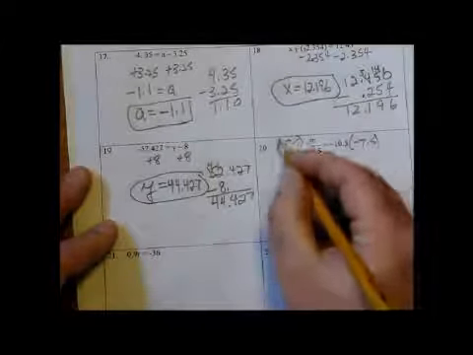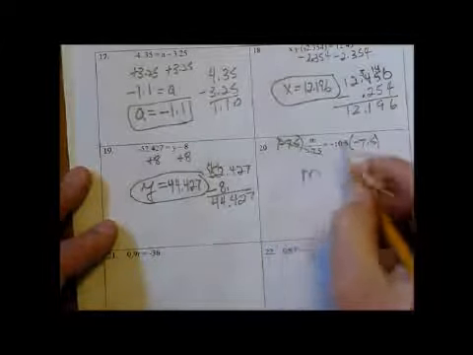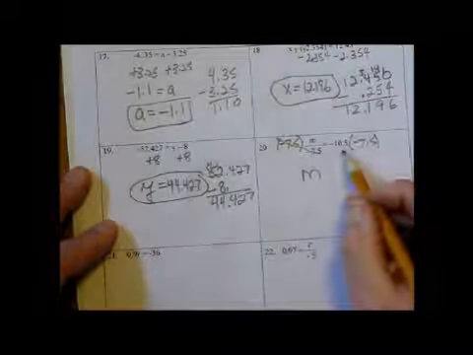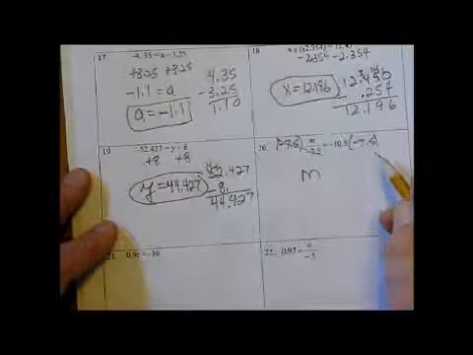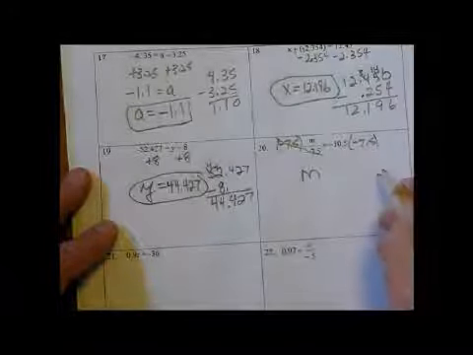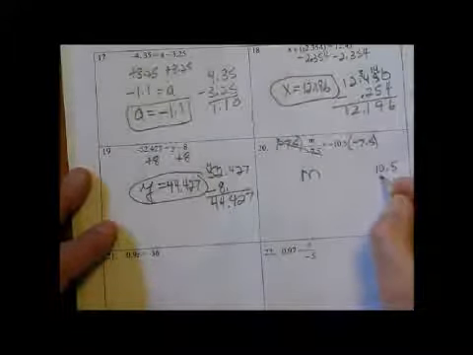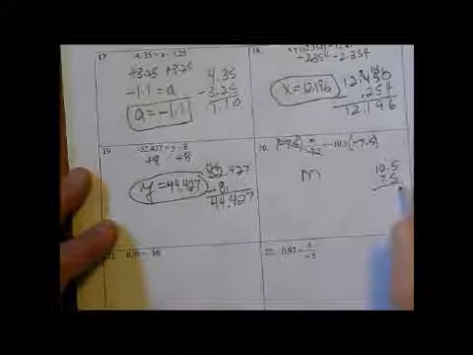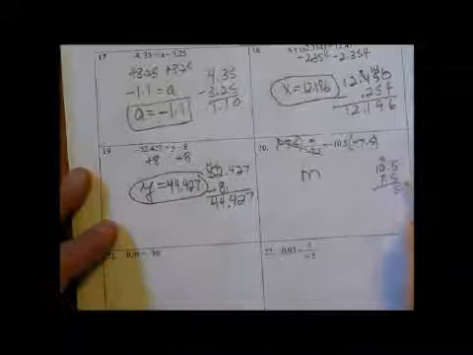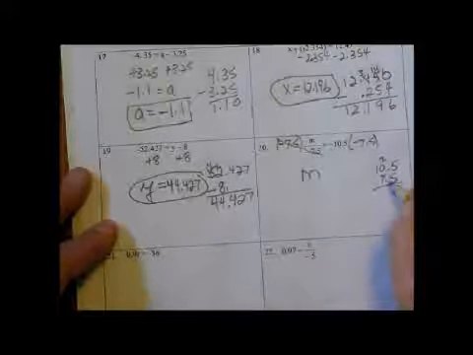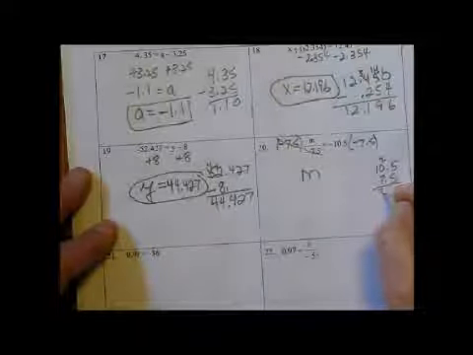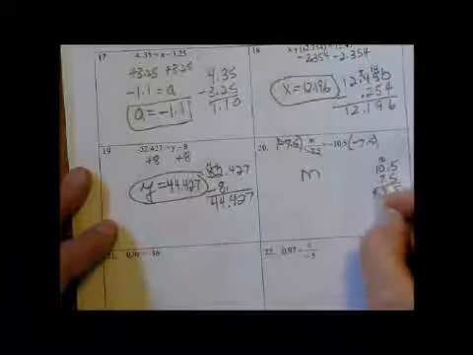And these cancel, so I end up with m is equal to whatever this is. We have a negative times a negative, so we know the answer is going to be positive. But I have to do the multiplication here. 5 times 5 is 25, carry the 2. 5 times 0 is 0, plus 2 is 2. 5 times 1 is 5.